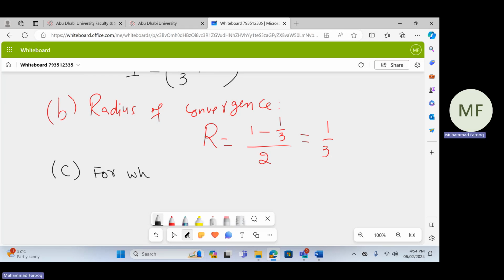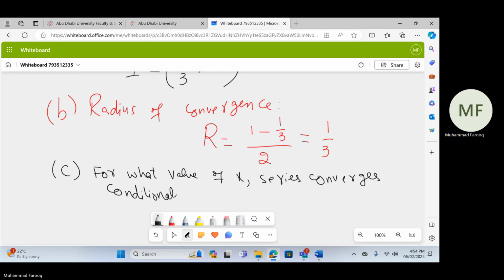For what value of x does the series converge conditionally? Yes, this is the question. Part C: for what value of x does the series converge conditionally?